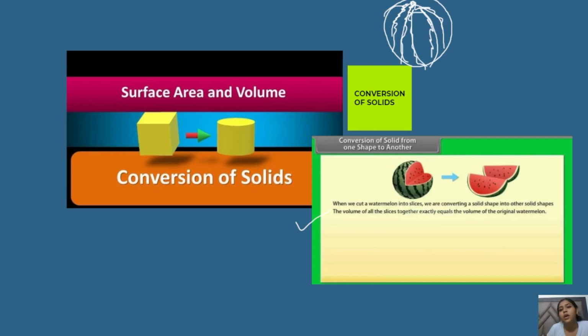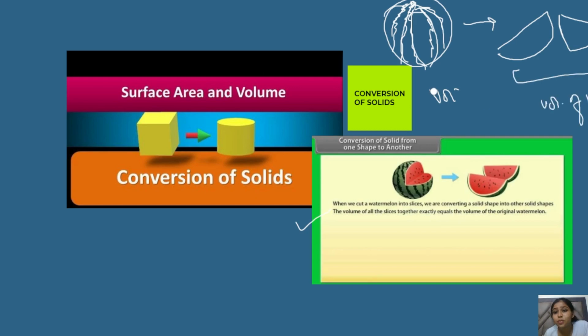It will have a particular volume, right? When you cut this watermelon into many pieces, let's suppose 12 pieces, the volume of all the 12 pieces will be equal to this particular volume.